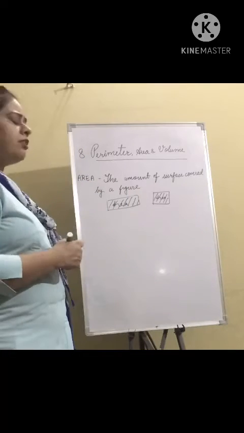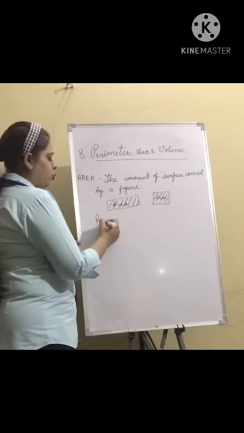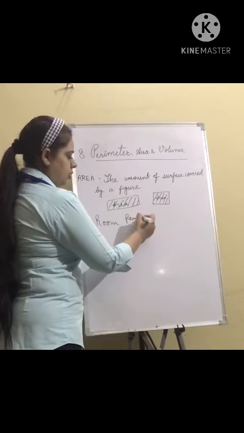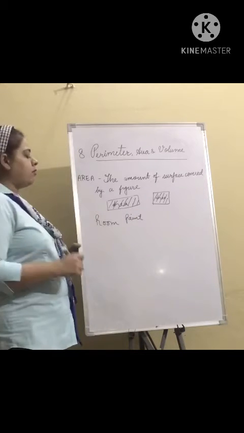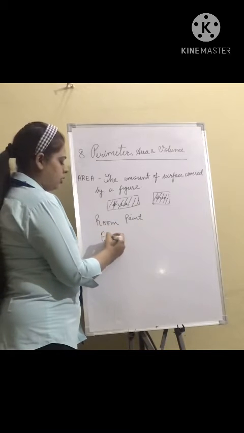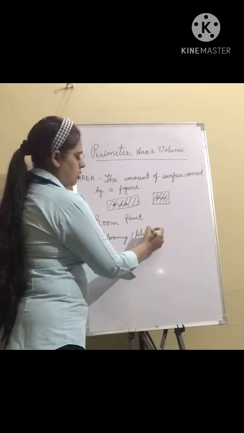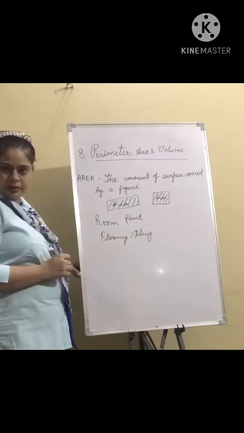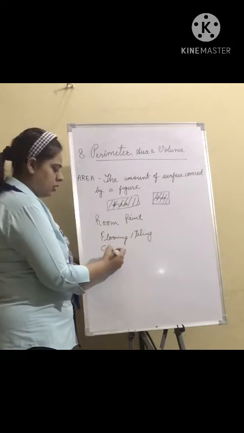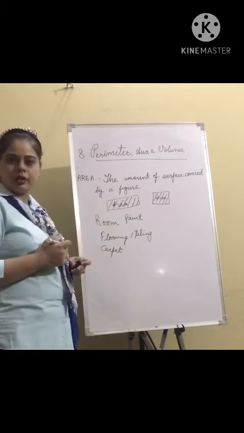But when we have to find out area, suppose you want to get your room painted, or you want flooring and tiling done in your room, or suppose you have to purchase a carpet for your room. Then you have to find out the area.